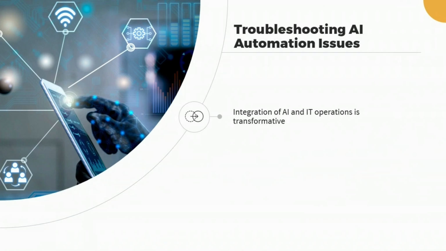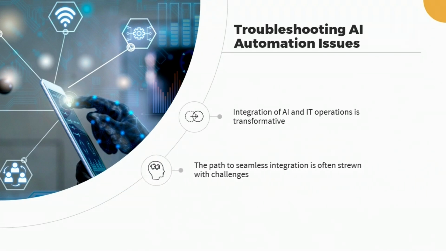However, realizing this potential requires overcoming those challenges associated with integration. And despite the promise of AI automation, organizations can often encounter obstacles along the path to seamless integration. And these challenges can include issues related to data quality, outdated infrastructure, and integration complexities, which can hinder the effectiveness and success of AI initiatives.